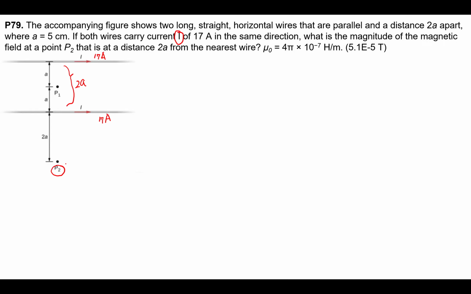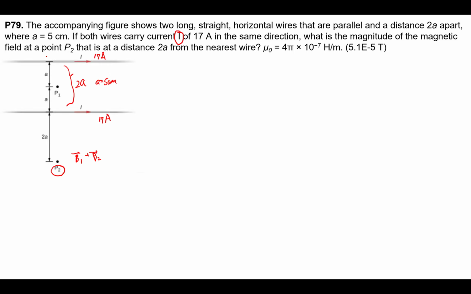So a is given, a is 5 centimeters. So we need to find the magnetic field at this point P2, which is B1 vector plus B2.